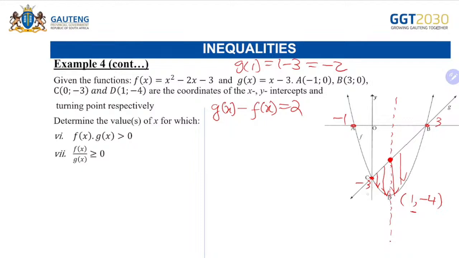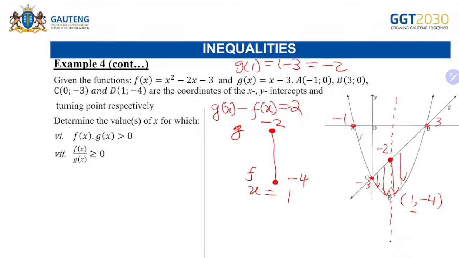And then if you substitute it here, it's -2. So you can see that on the axis of symmetry, when X is equal to 1, on the graph of G, I have -2. On the graph of F, I have -4. The graph of G is here and F there.